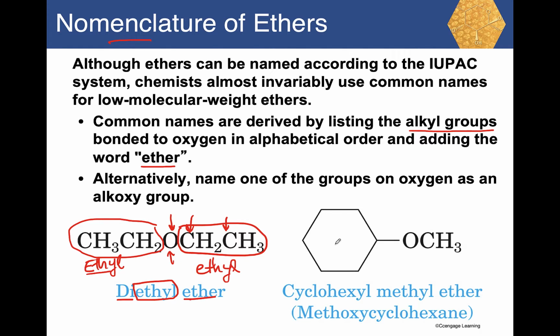Let's apply that over here. Here's the oxygen. It has a methyl here. Why methyl? Because it has just one carbon. It has here a cyclohexyl. Why cyclohexyl? We have 6 carbons here, and it's in a ring. So it's a cyclohexyl.